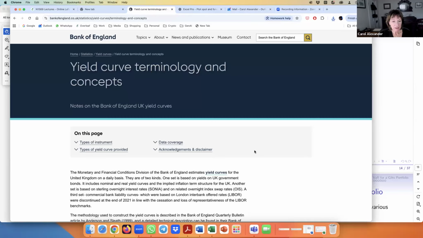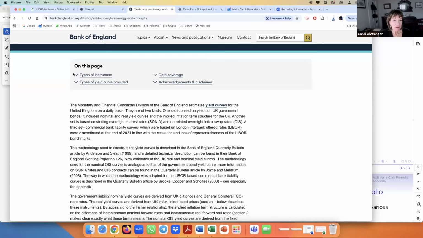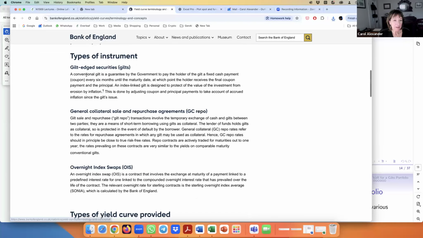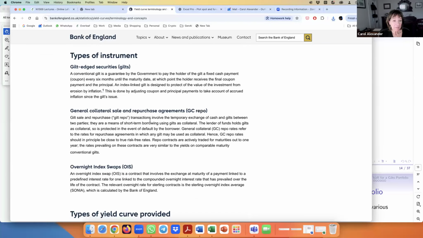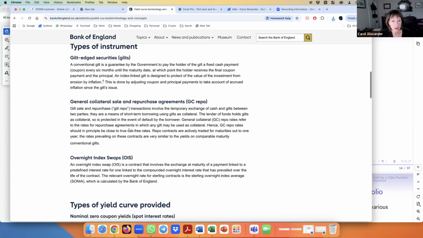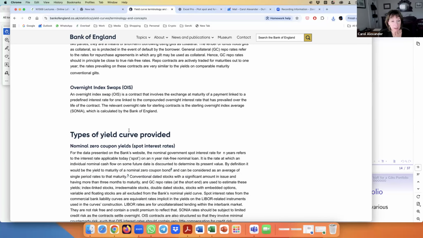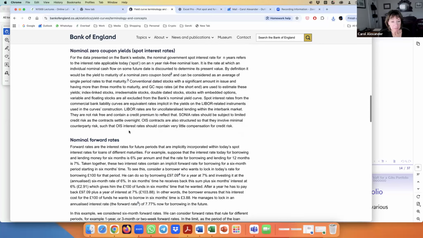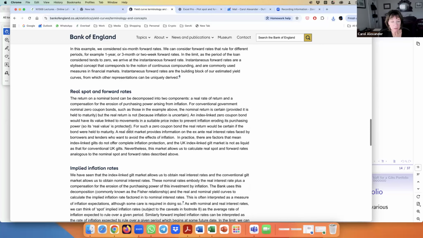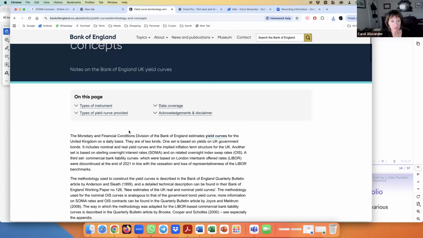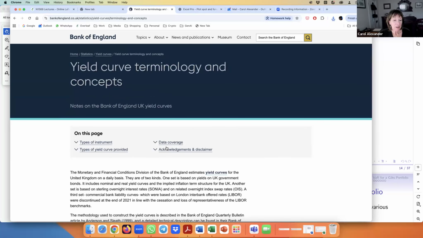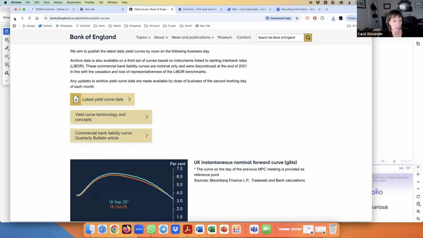For the terminology and concepts, you can look at the types of instruments, the gilts, repos, overnight index swap, and the type of yield curves provided. This is a wonderful resource if you're doing a project on the type of yield curve data, then do have a look at that.